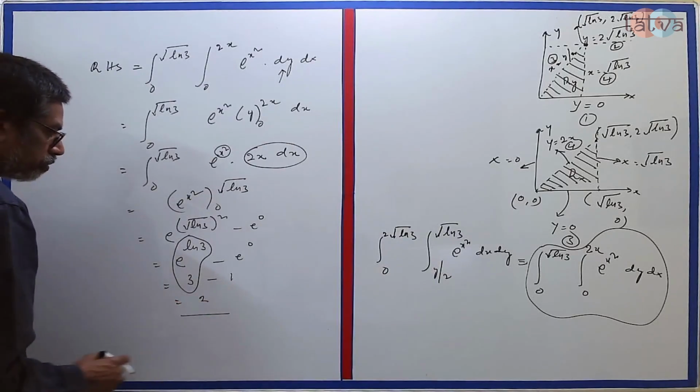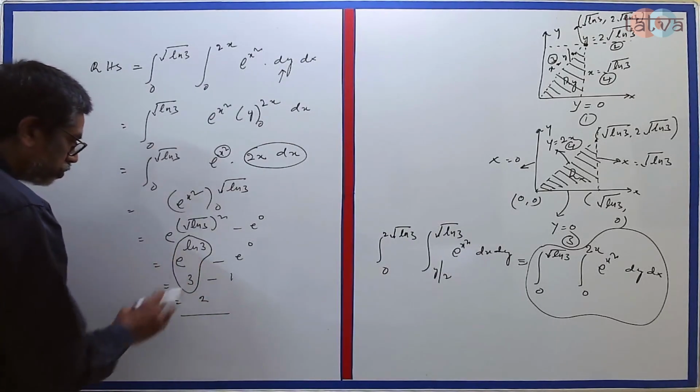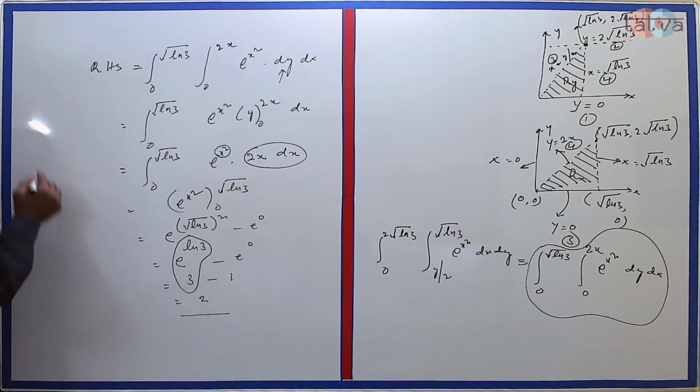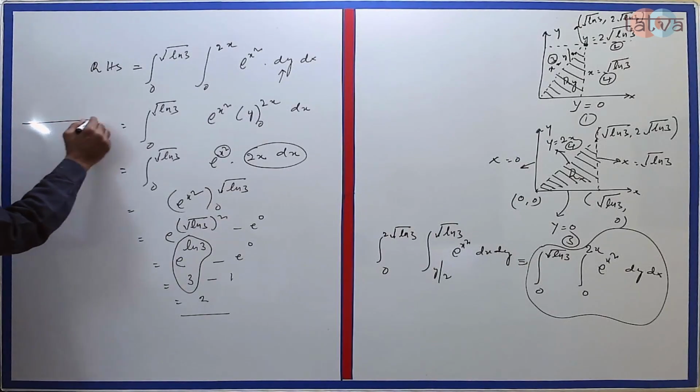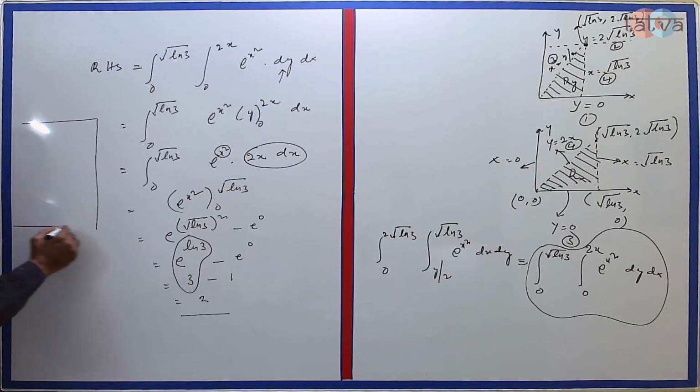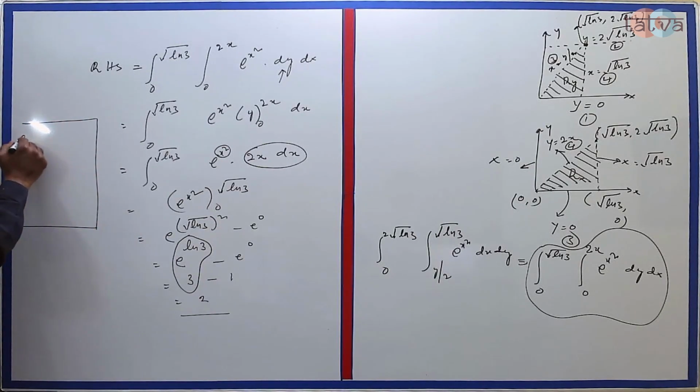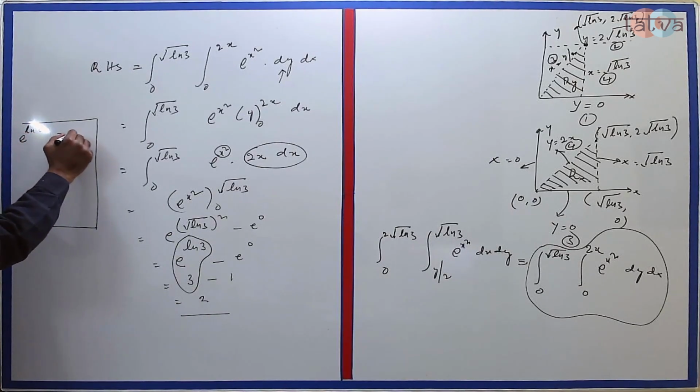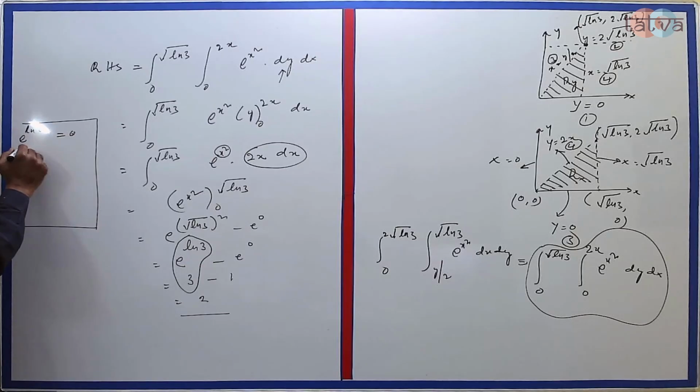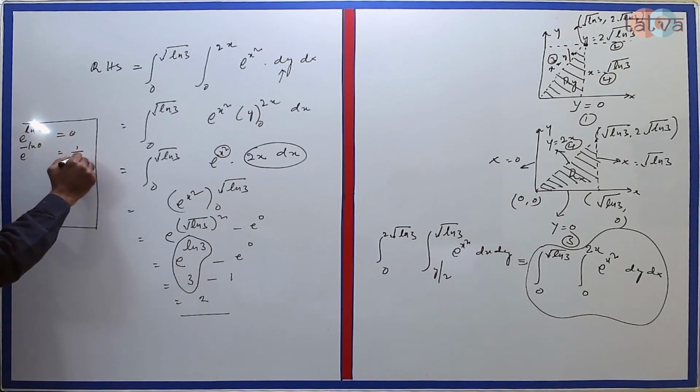So e power log 3 is 3 is a well-known principle. However, for the benefit of students who are new to this part of math, I can just put up a small box for you here. E raised to log theta is theta. E raised to minus log theta is 1 upon theta.